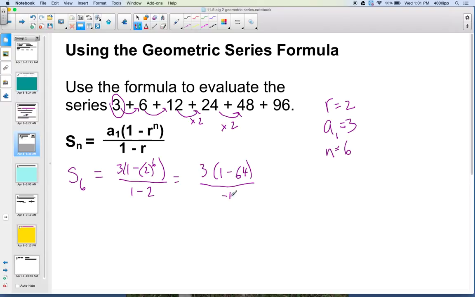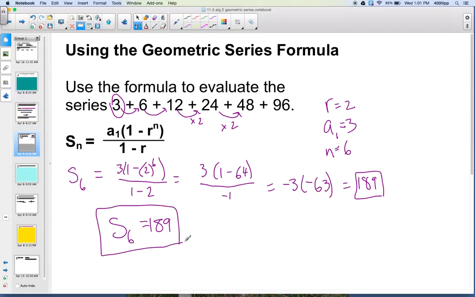I could divide 3 divided by negative 1 is a negative 3 times 1 minus 64 is a negative 63. Multiplying this out, I get a positive 189. So the sum of these 6 numbers here is 189.